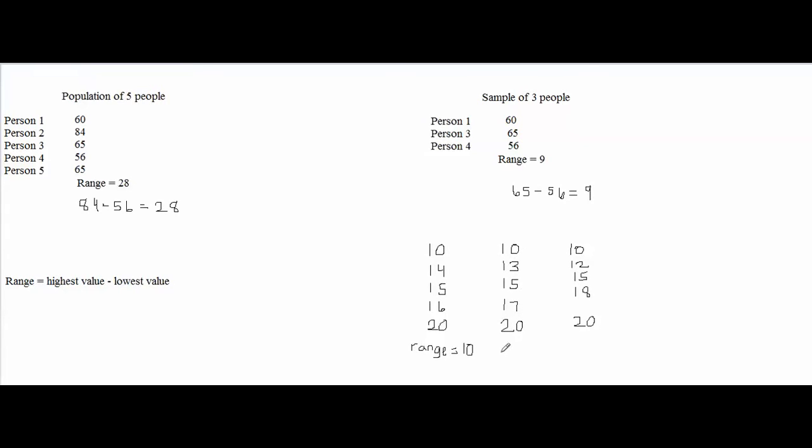And if we subtract 20 by 10, we get 10. And here, if we subtract 20 by 10, we get 10. The highest is 20, the lowest is 10. When we subtract the highest by the lowest, we get 10.